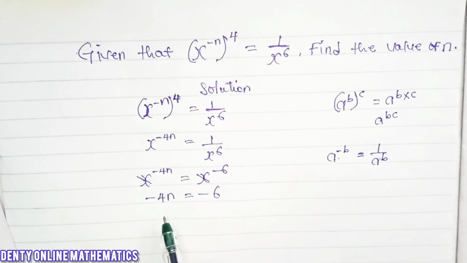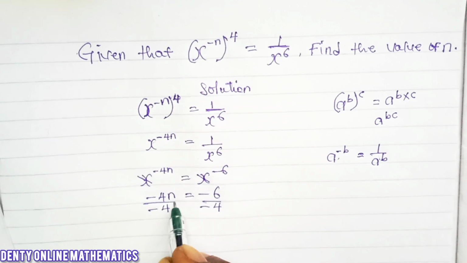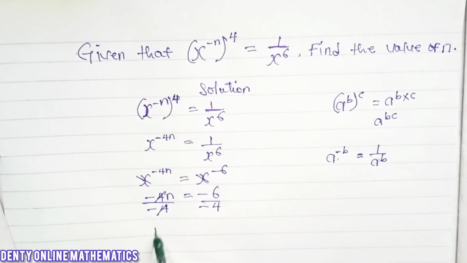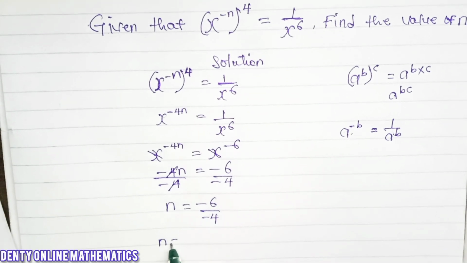Now divide both sides by the coefficient of n. Coefficient means the number attached to the unknown. So minus 4 is attached to n, so I will divide both sides by minus 4. That minus 4 cancels out minus 4. Our n will be equal to minus 6 over minus 4.